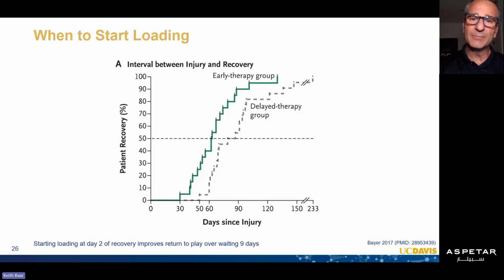A 25% increase in days to recovery. This is the 50% recovery rate, where 50% of the people are back to doing their training. So you're going from an average of about 60 days to an average of 90 days. Okay, so that means that if I just wait a week, I'm waiting a month. It's going to take me a month longer to get back.